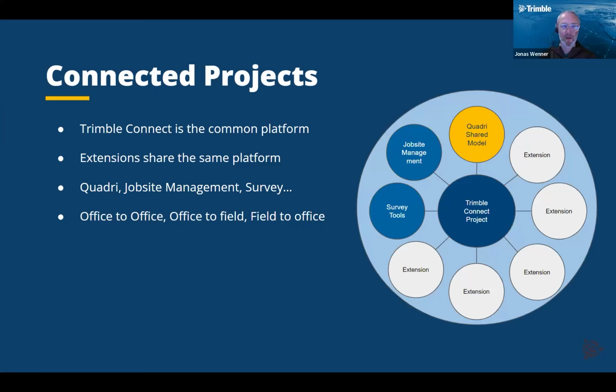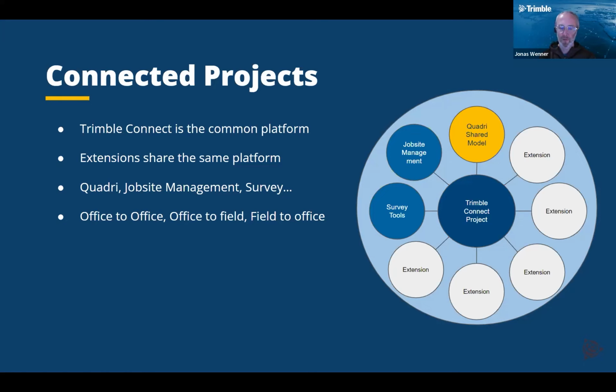So when it comes to the concept of connected projects, Trimble Connect is the common platform in Trimble to handle different kinds of systems and all file management and so on.